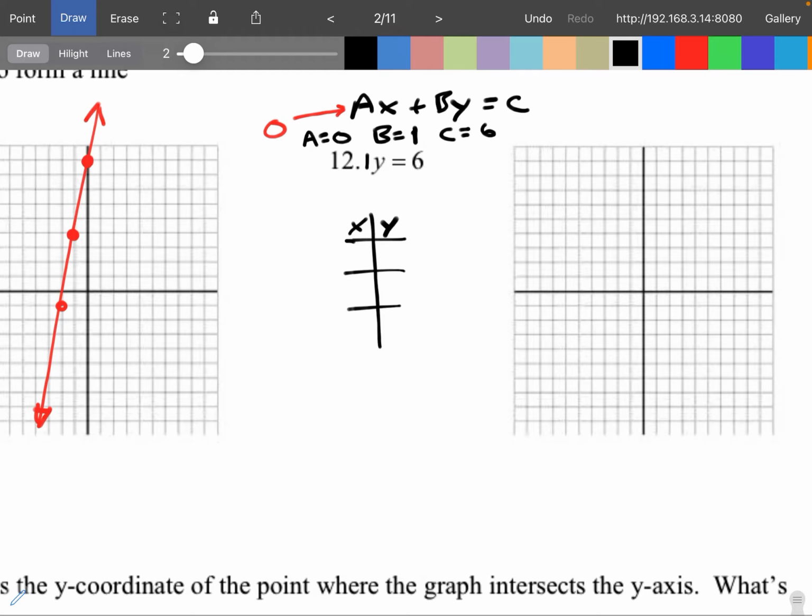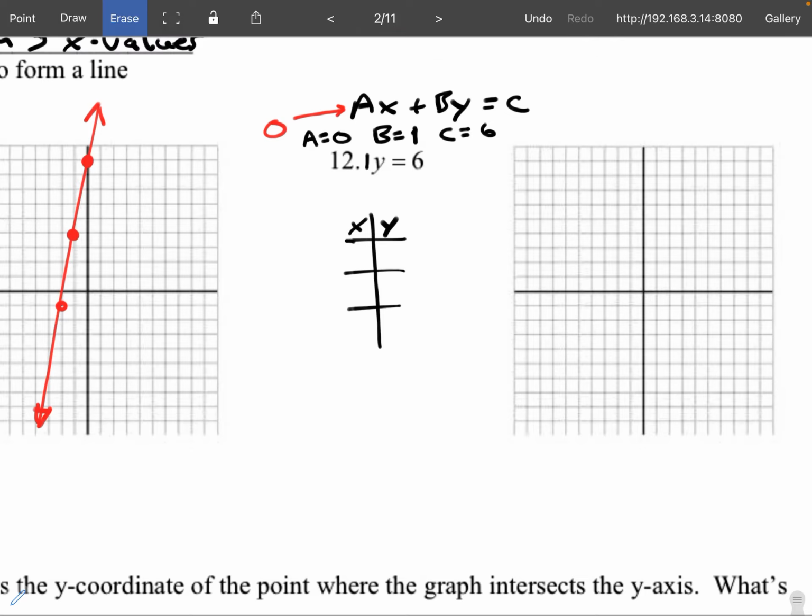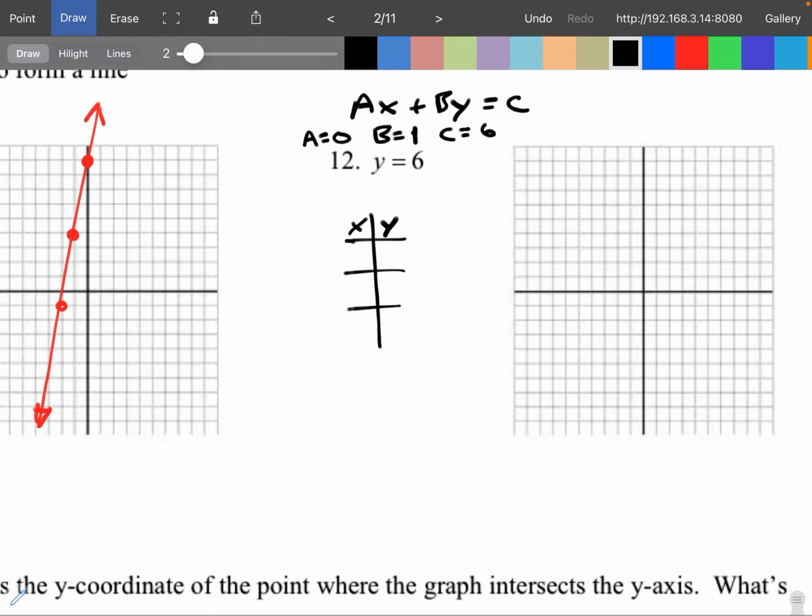So what you really got is an equation that looks like 1y equals c, right? You guys see that or no? Yeah. So capital B would be 1. Capital C would be 6. Capital A would be 0.